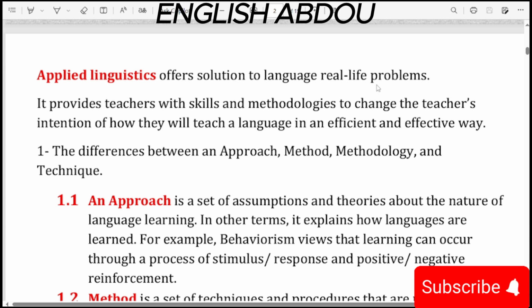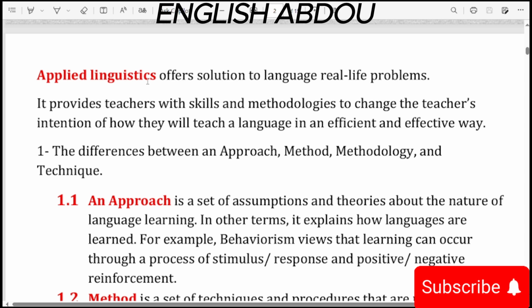Okay? Also, when you write an essay, you have to bring examples. You have to pretend like a teacher, in real life situations, and bring examples from real life in general. Applied linguistics offers solutions to real life language problems, which means it is the lifesaver for a language.